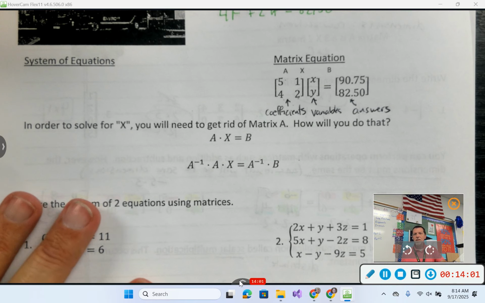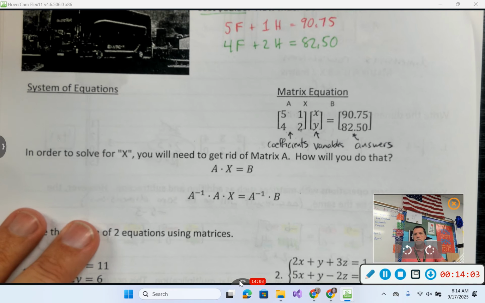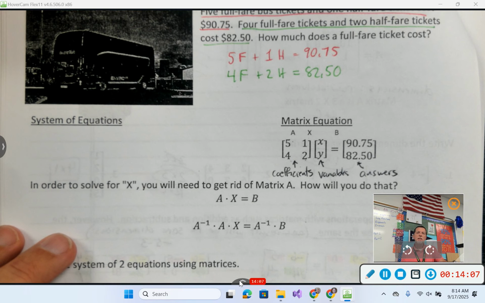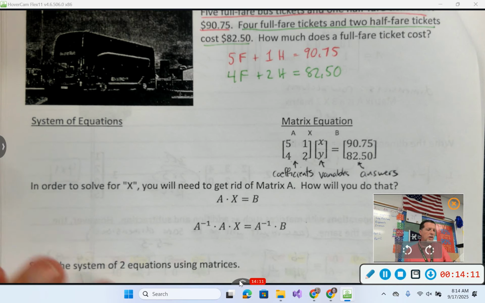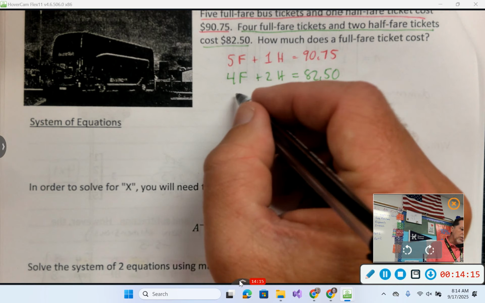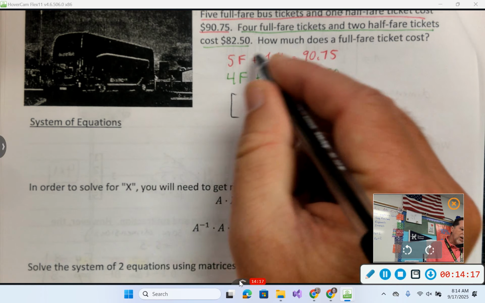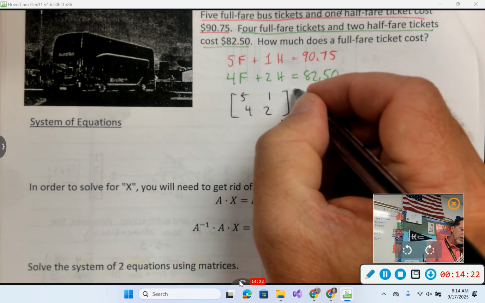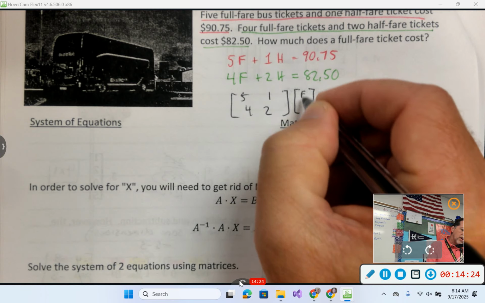Do we have to memorize the vocabulary for that? No, you don't have to memorize the vocabulary, and it's pretty easy to see, right? The matrix looks pretty similar to those equations. You just remove the variables and there's 5, 1, 4, 2.